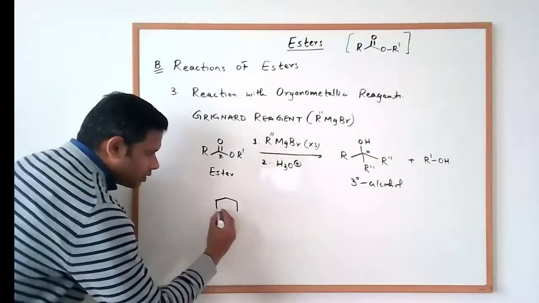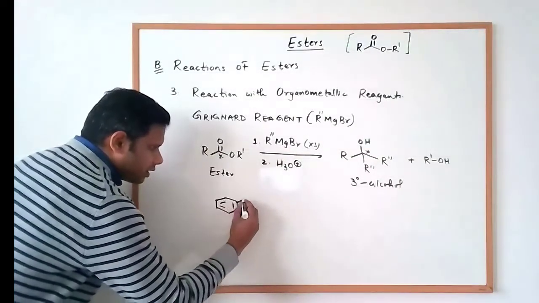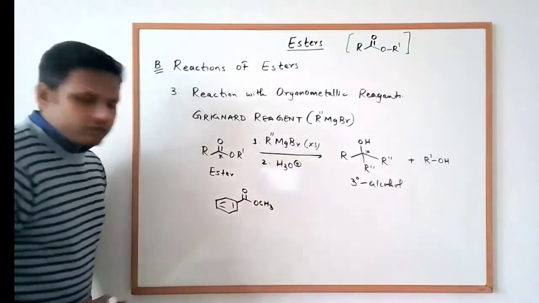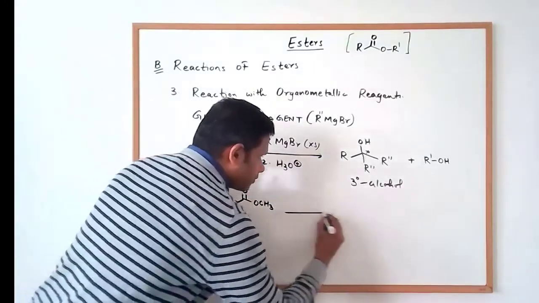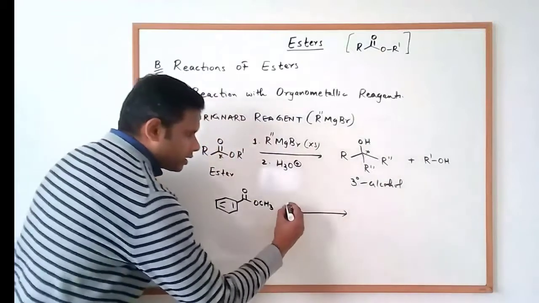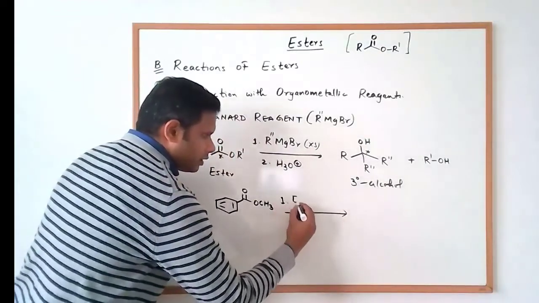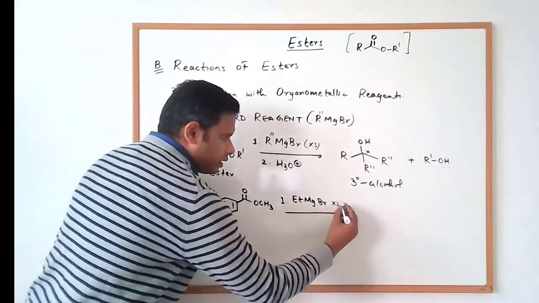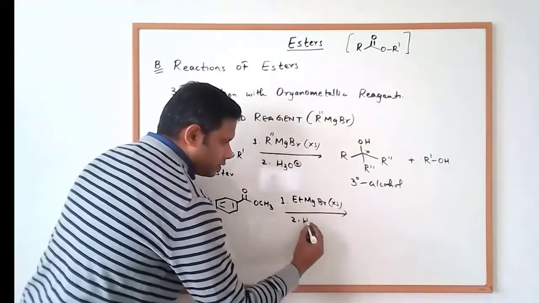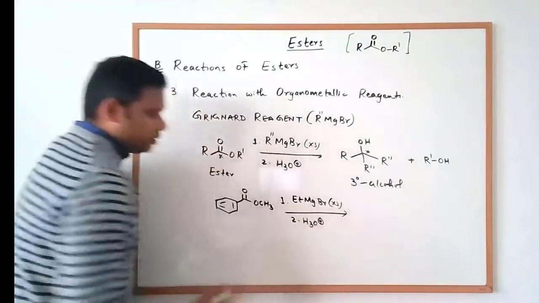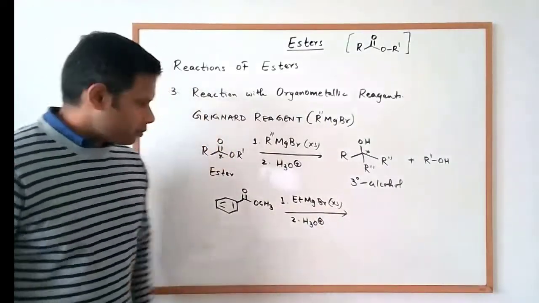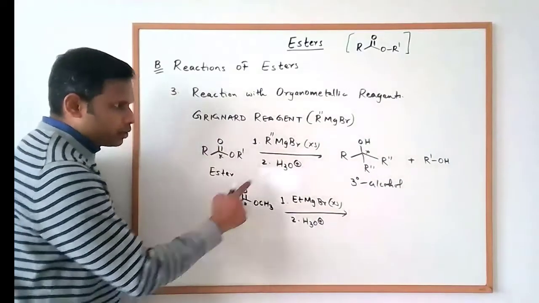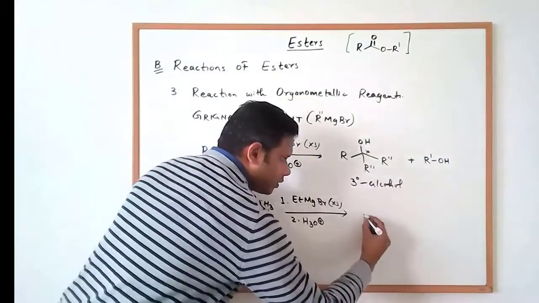So if we start with an ester, and again, I'm going to use methyl benzoate here as an example. If we take methyl benzoate and react it with ethyl magnesium bromide, an excess of it followed by acidic workup, the acyl carbon here is going to become the alcohol carbon.